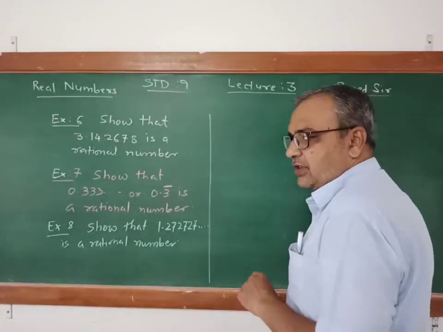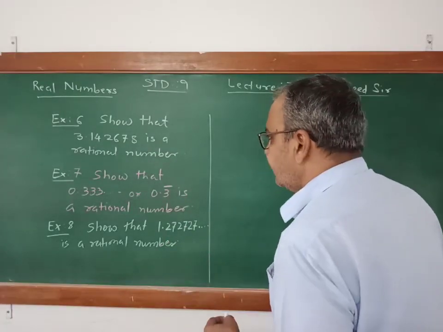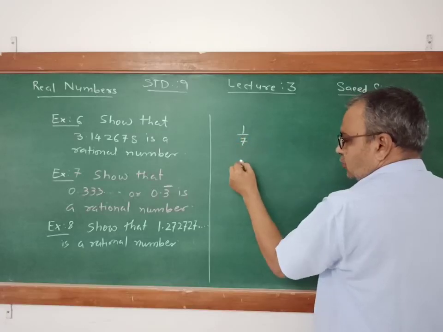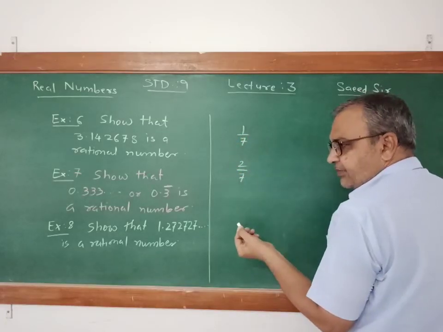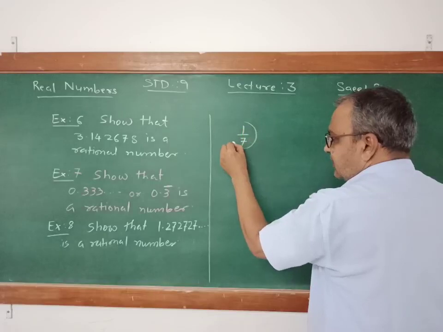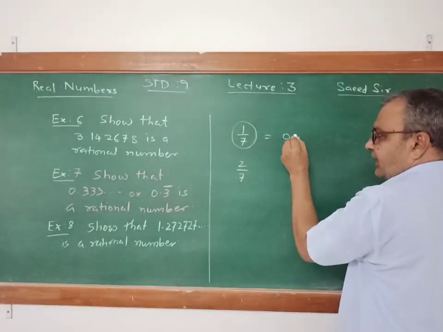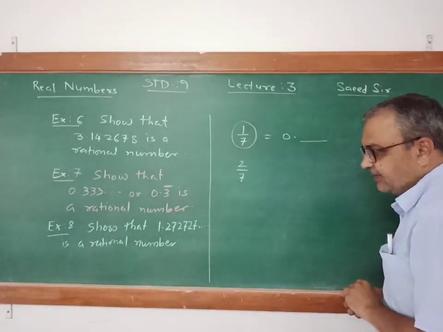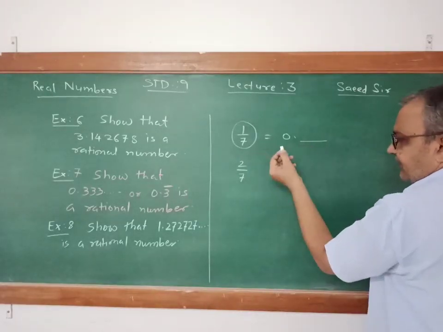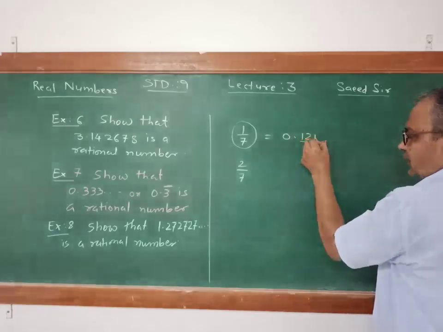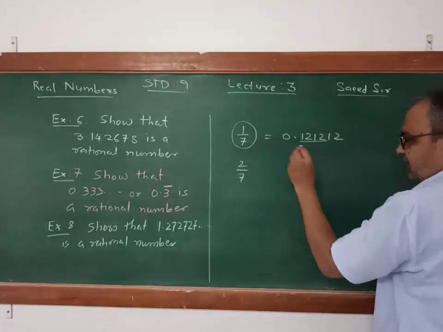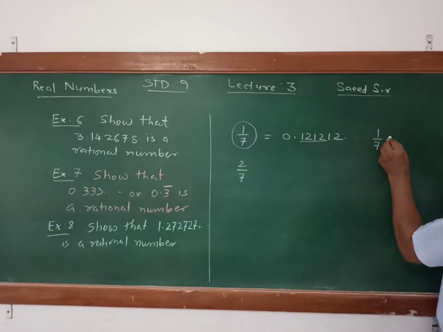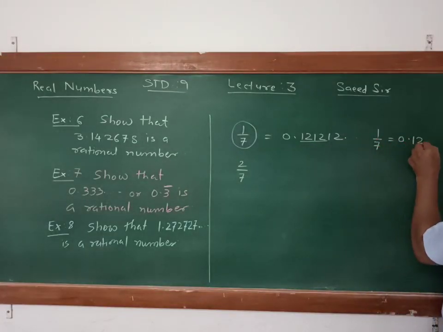Before going to solve these examples, we have to consider that if 1/7 or 2/7 or any rational number gives a result of 0 point something with a repeating pattern, like 1 2 1 2 1 2, then we can say 1/7 is equal to 0.12 bar.